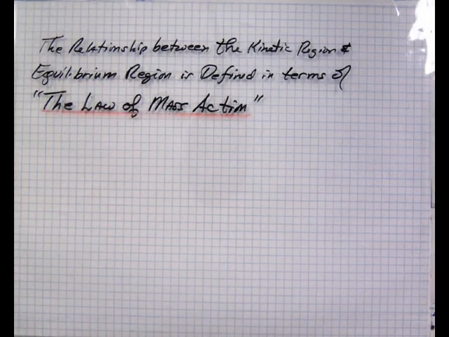The law of mass action stipulates that the rate of reaction in what we refer to as a forward direction is equal to the rate of reaction in the reverse condition.